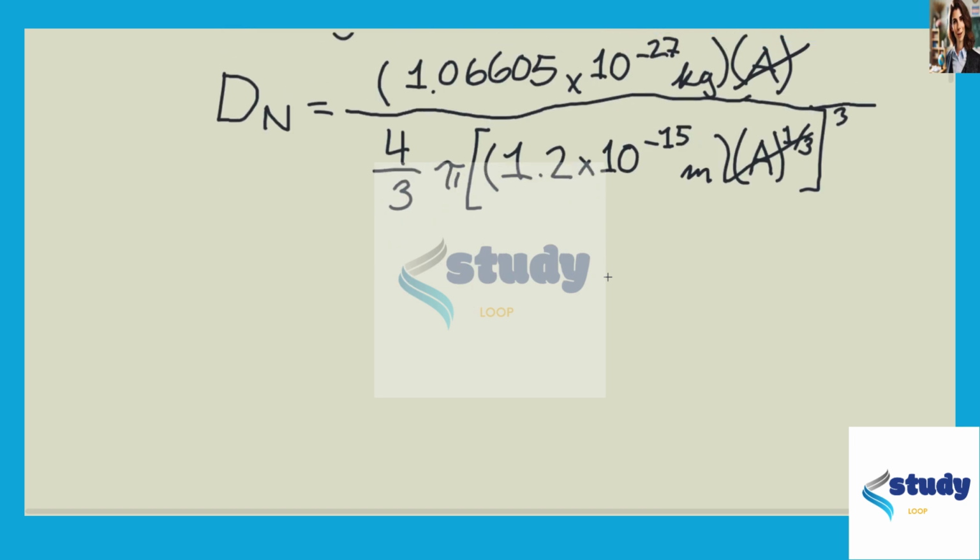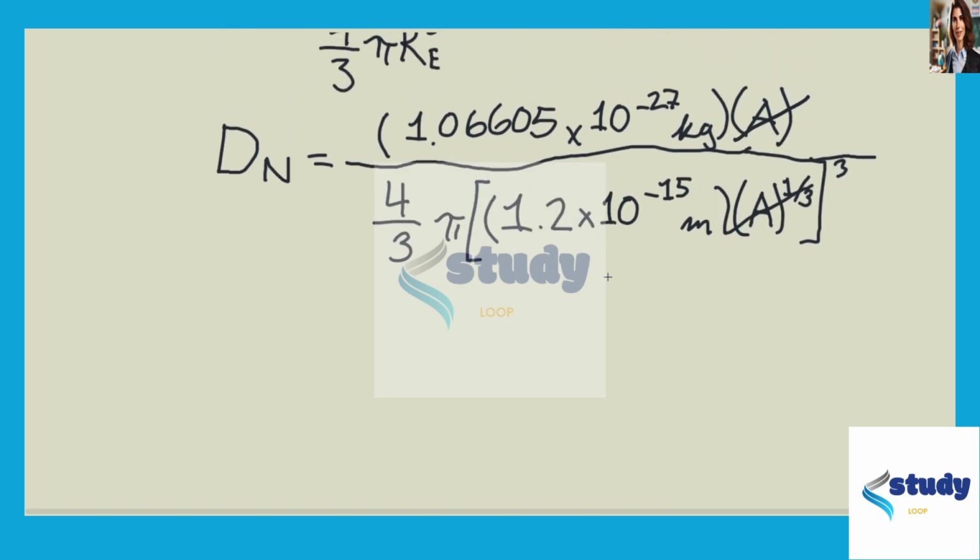So the moral of the story here is that the density of atomic nuclei doesn't depend so much on the type of nucleus it is. They're all roughly the same density, regardless of the element we're talking about. So plug in the numbers in here.